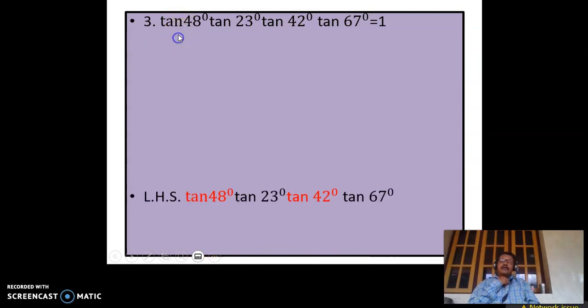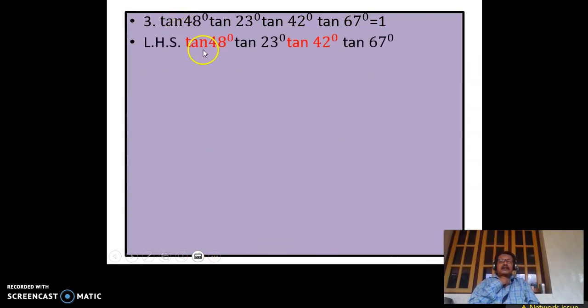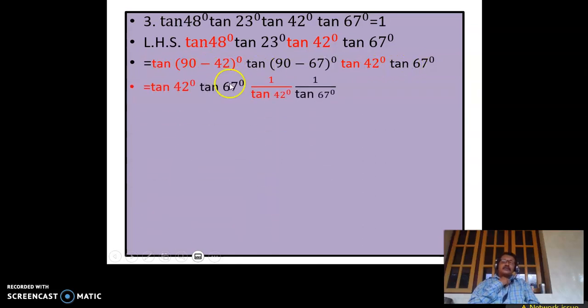I am converting tan 48 and tan 23. Tan 48 is tan 90 minus 42, and tan 23 is tan 90 minus 67. Tan 90 minus 42 is cot 42.